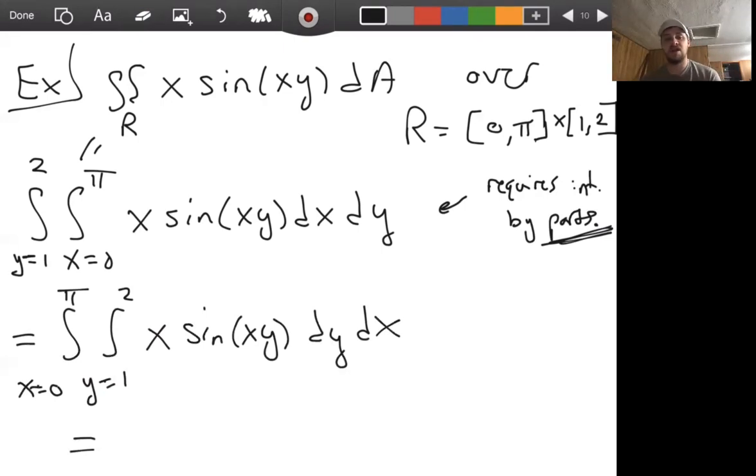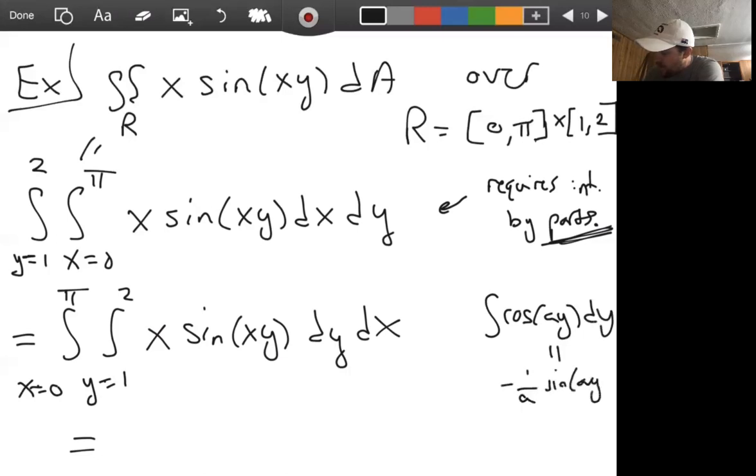Well, what if I integrate this with respect to y, right? Now x is a constant. x is just some number that can be pulled out front if I need to. And so when I integrate, like what's the integral of cosine ay dy? Well, it's negative 1 over a sine ay, right? And so what that means here is, since x is constant, I can use this rule from the past with just replacing a with x.